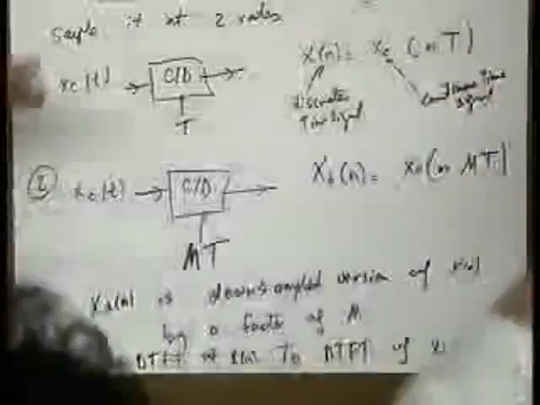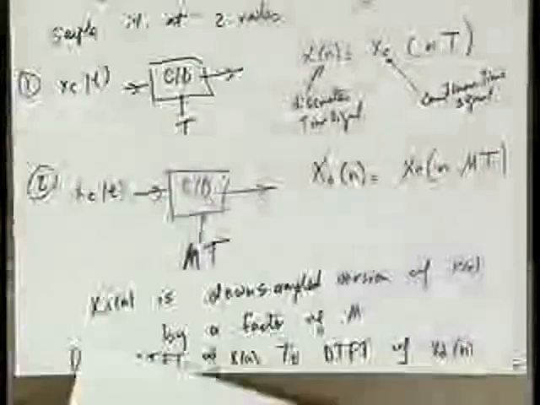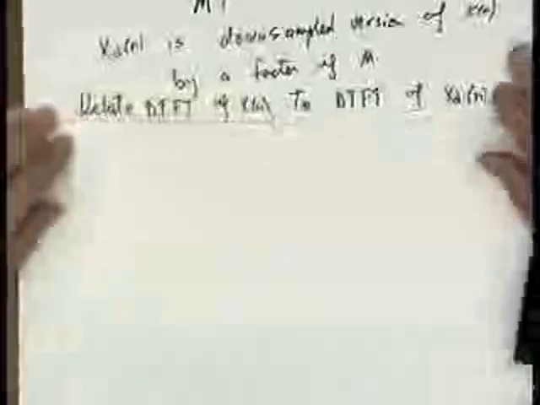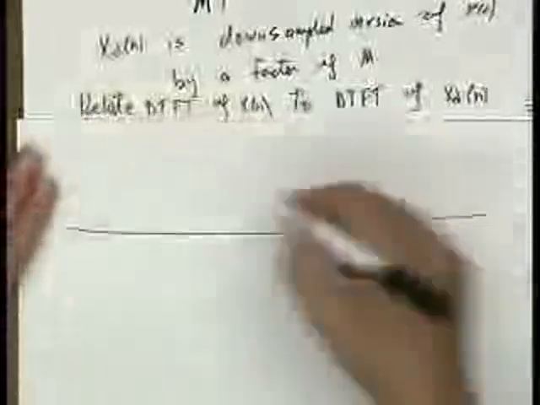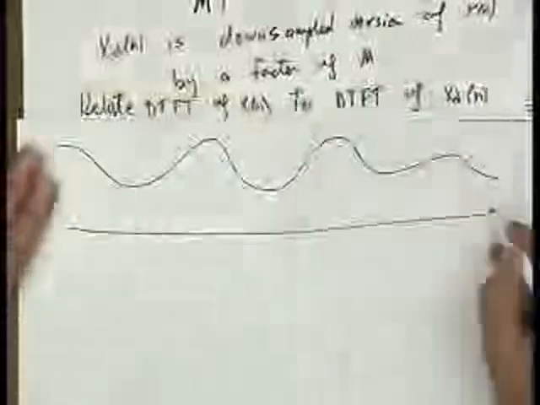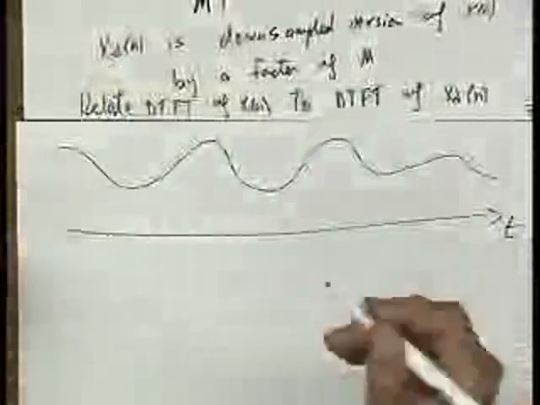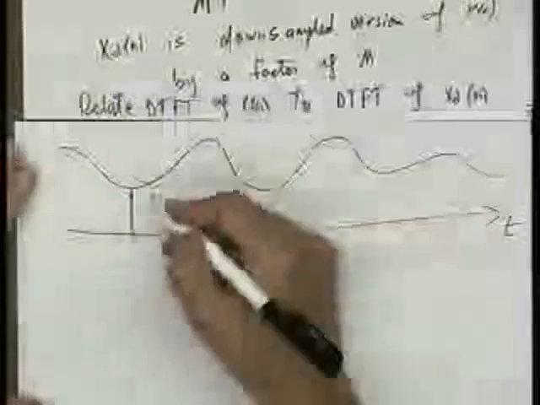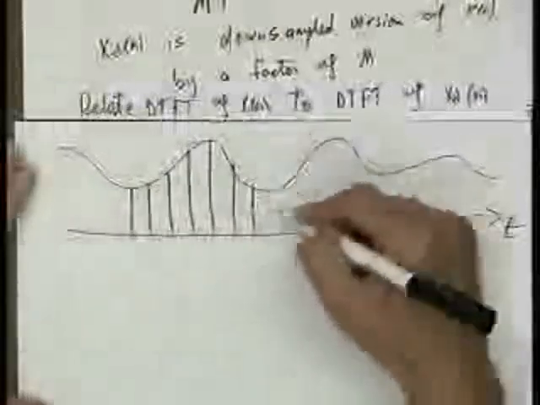So pictorially, I have a continuous time signal doing its thing, and the first time over I sample it at rate T, so I get these samples.